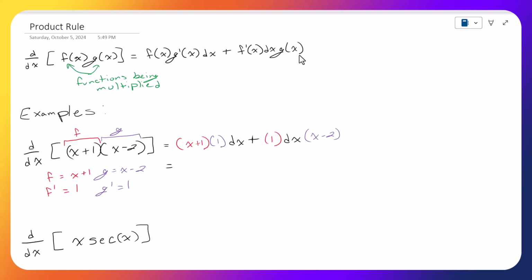And here we have our x plus 1 times 1 is just x plus 1, d of x is just 1, because the derivative of x is just 1. And then we have plus x minus 2. Same situation, we get 2x minus 1. There's our derivative of that one.